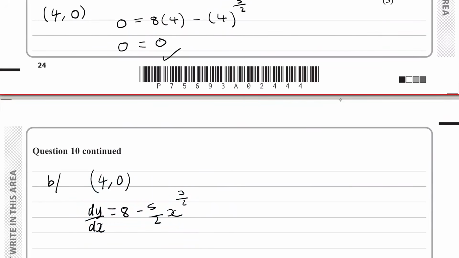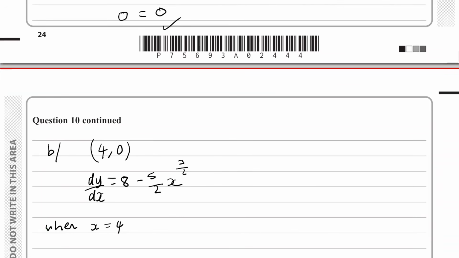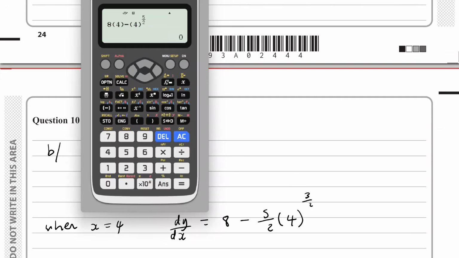When x is equal to 4, what is dy/dx worth? dy/dx is going to be 8 minus 5 over 2 times 4 to the power of 3 over 2, so it's negative 12.